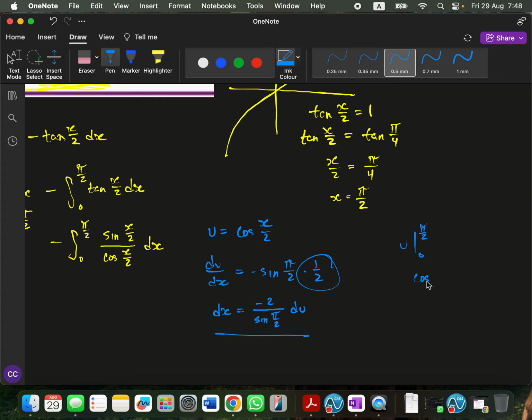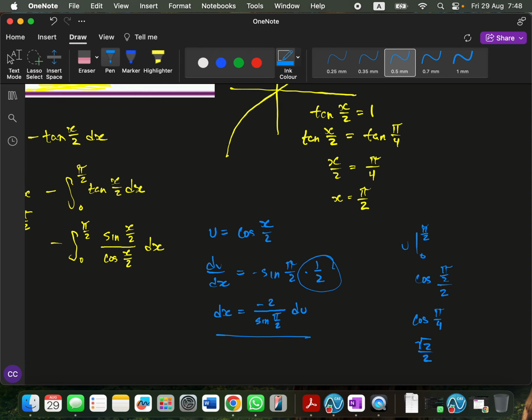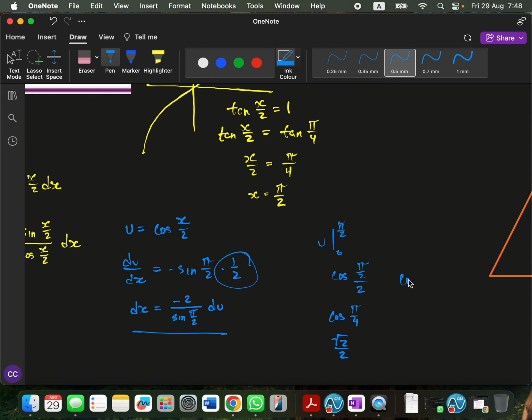So the cosine of pi over 2 divided by 2 is the same as the cosine of pi over 4, which is root 2 over 2. So that's one of my new bounds on u. And then the cosine of 0 divided by 2 is just the cosine of 0, and the cosine of 0 is 1.